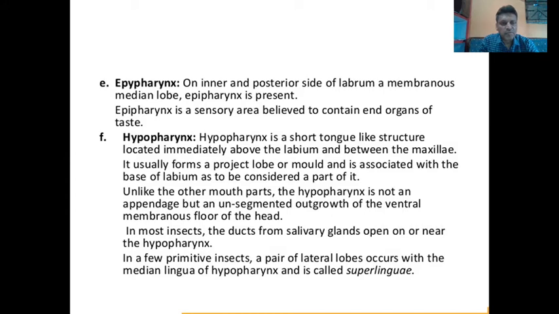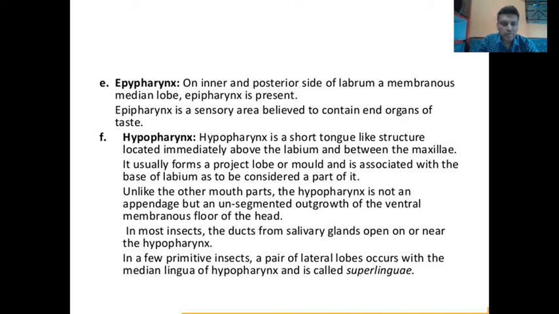Epipharynx and hypopharynx. On the inner and posterior side of the labrum, a membranous median lobe is there, called the epipharynx. The epipharynx is a sensory area believed to contain end organs of taste.